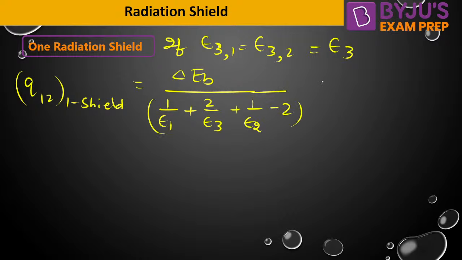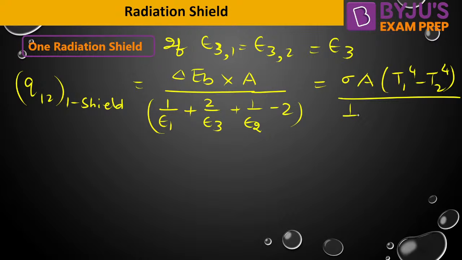This will be the expression, or we can write it as sigma into area into T1 to the power 4 minus T2 to the power 4, divided by 1 upon epsilon 1 plus 2 upon epsilon 3 plus 1 upon epsilon 2 minus 2. This will be the expression, isn't it?